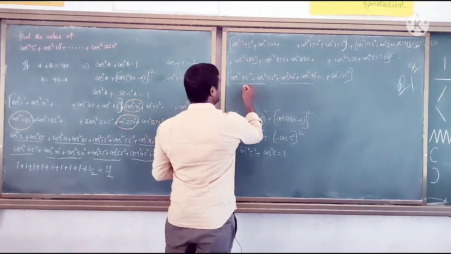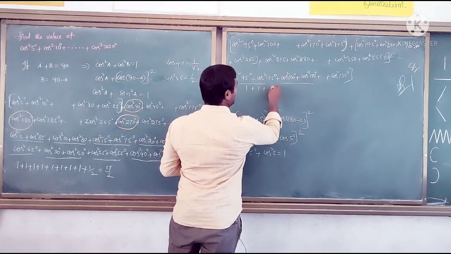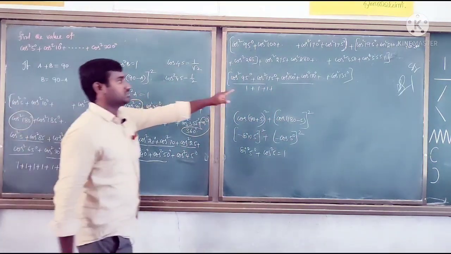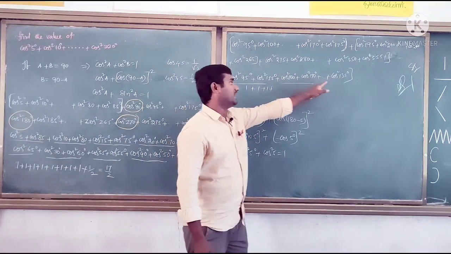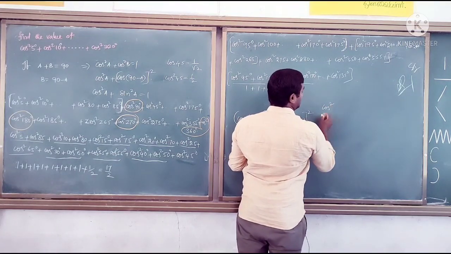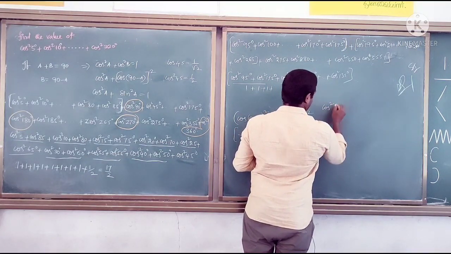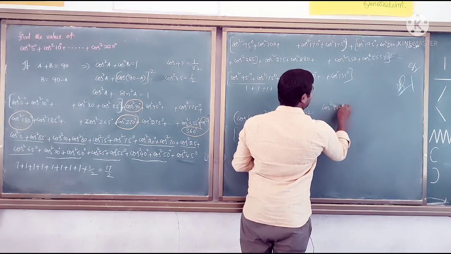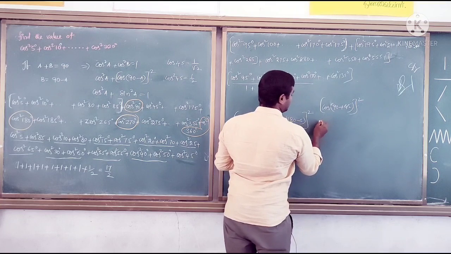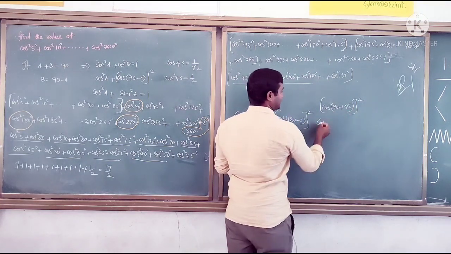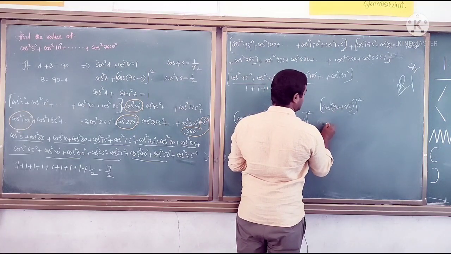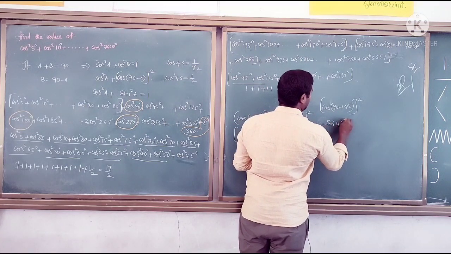So like that, if you simplify, you will get 1 plus 1 plus 1 plus, the same number of terms as the series. Here we have 8 terms, and this cos square 135. Cos square 135 value is how much? We can write 135 as 90 plus 45, whole square. So cos 90 plus 45, cos 90 plus theta is minus sin theta, in the second quadrant minus sin 45 whole square.